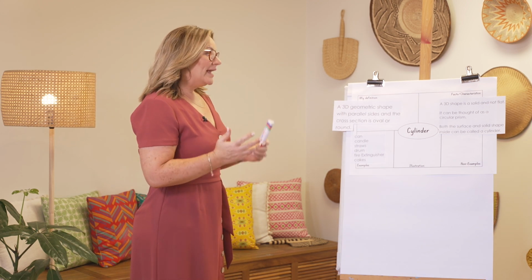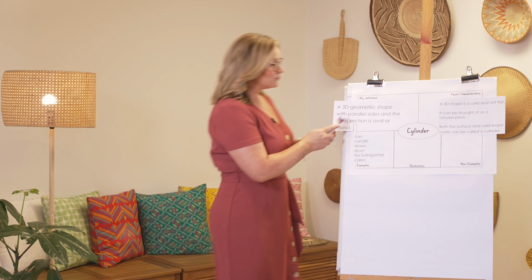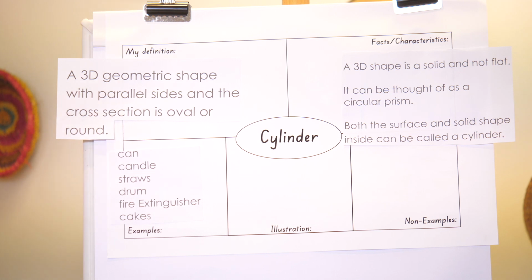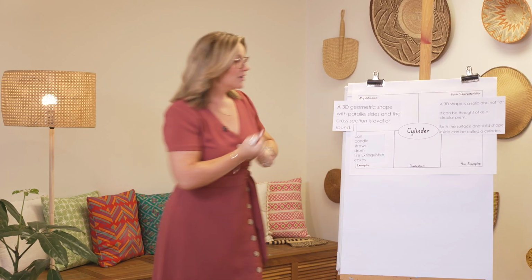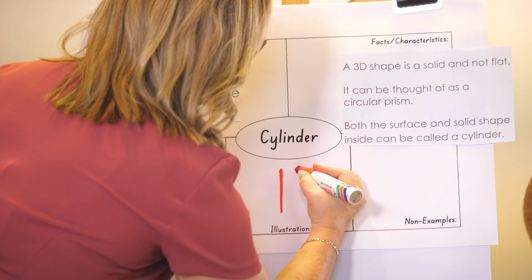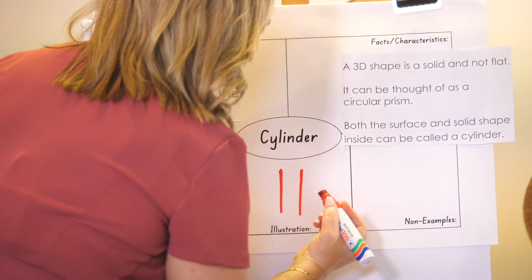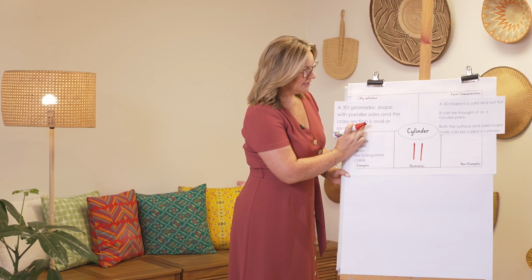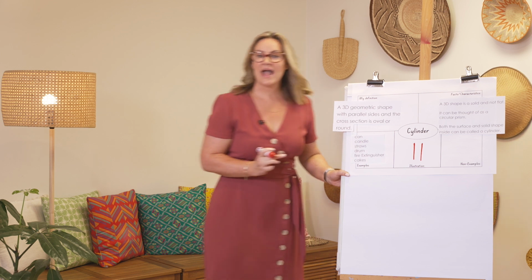Now, when we're doing a cylinder, really important over here, parallel sides. Parallel, they never touch. So I'm going to start with that. I'm going to draw my parallel sides of the cylinder. And it tells me that the cross section can be oval or round.